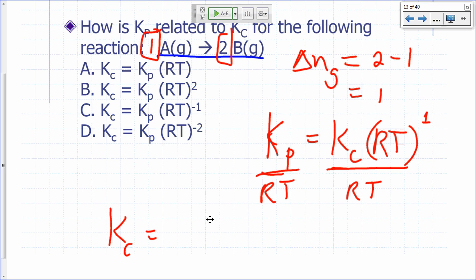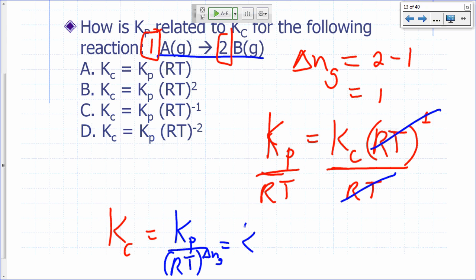Kc is equal to Kp over RT, right? So that's another way of writing it. So that's Kp over RT to the delta N gas. So that's going to be equal to Kp times RT to the negative 1.